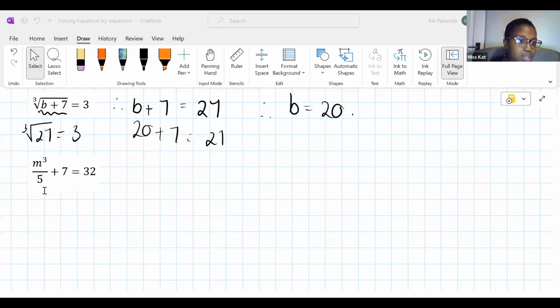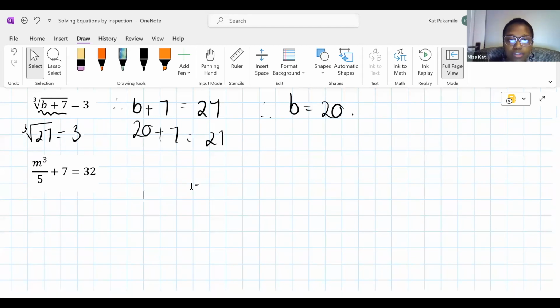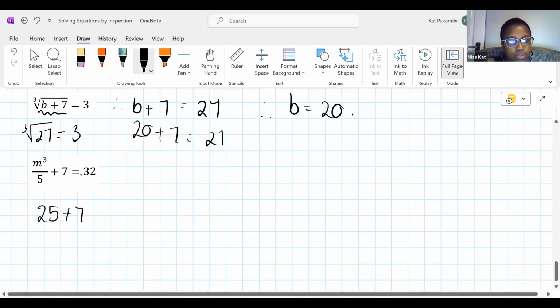Okay, what plus 7 gives you 32? Which number plus 7 will give you 32? 25, right? 25 plus 7 equals 32.